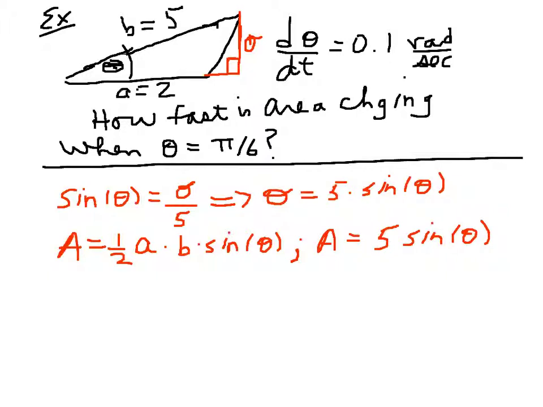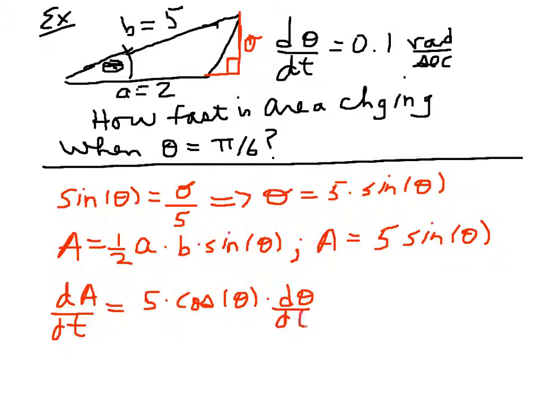Okay, so we're asked how fast the area is changing. So dA/dt, changing over time, is equal to 5 times cos of theta, and using the chain rule, how important is this, times d theta/dt.